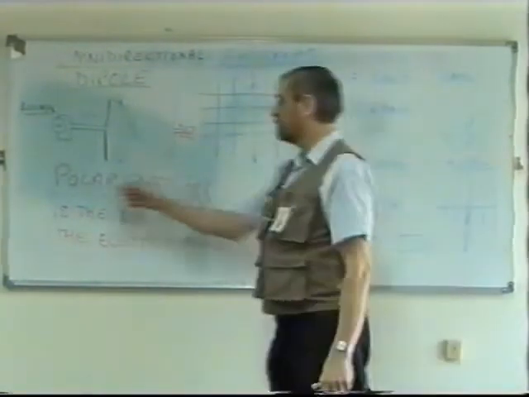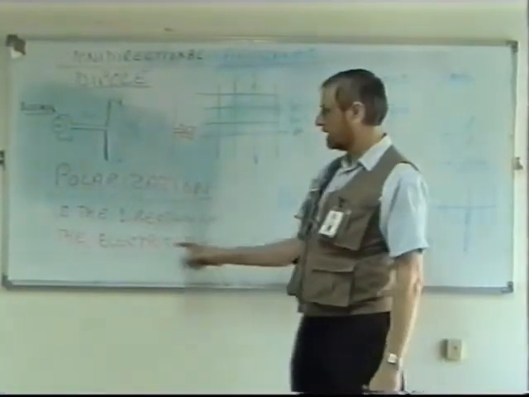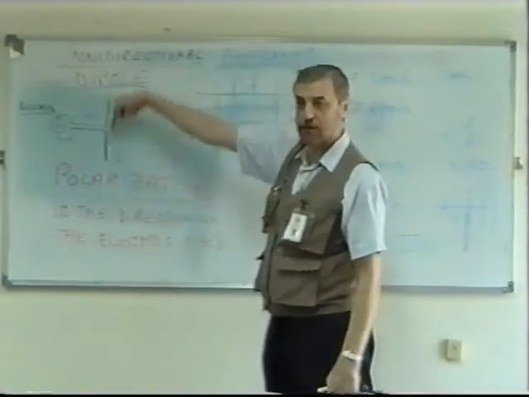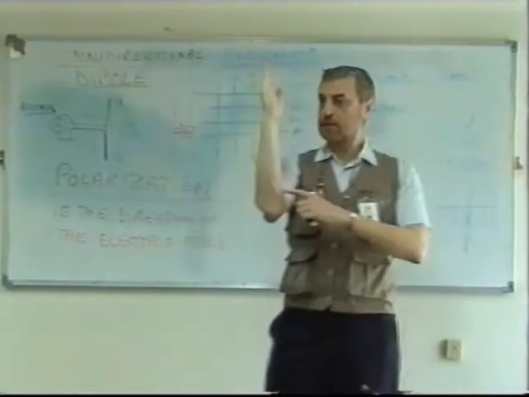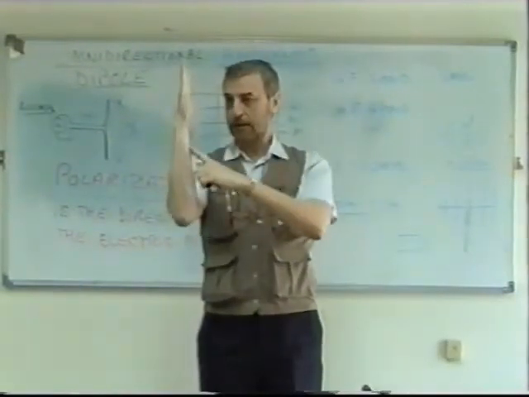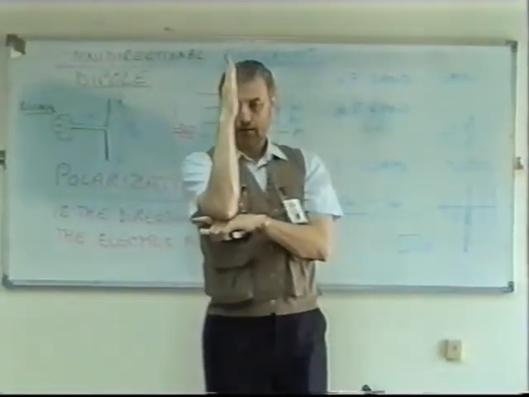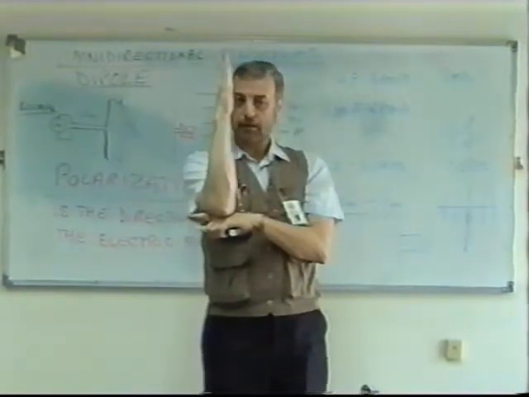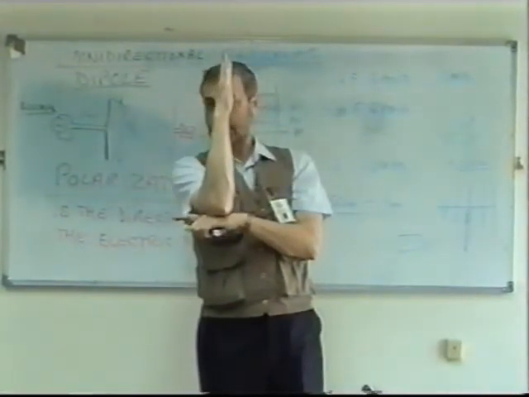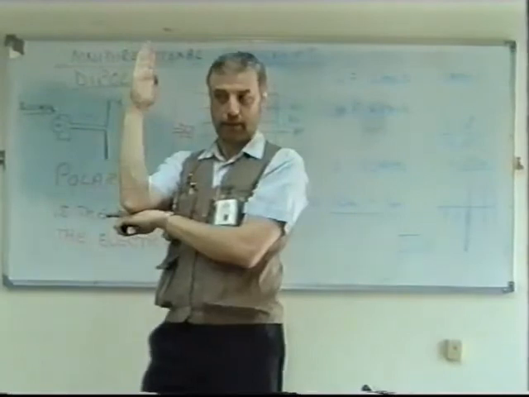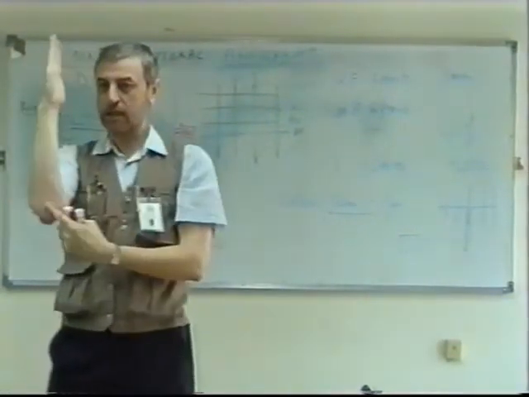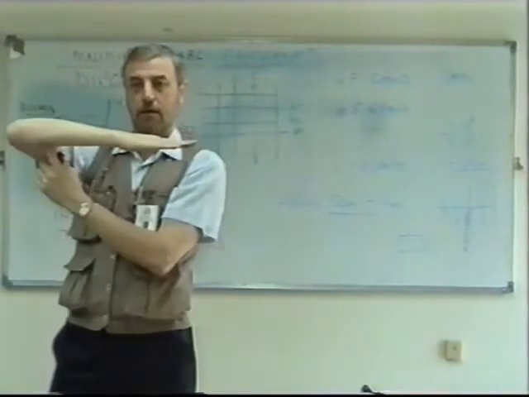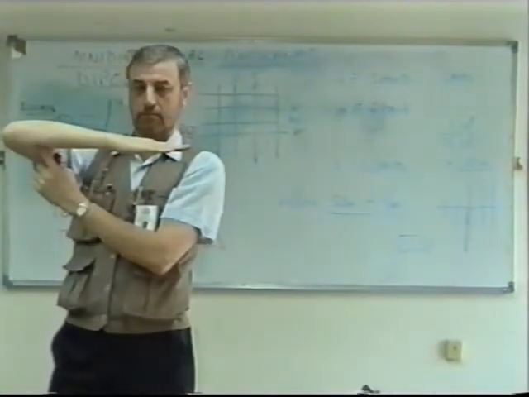But the definition of polarization is the direction of the electric field, which is the same direction as the antenna itself. So, for example, if I've got an antenna like that, is that going to be horizontally or vertically polarized? Vertically polarized, exactly, because the electric field's between the ends. That's vertically polarized, horizontally polarized.